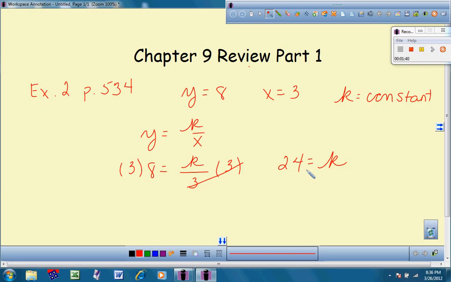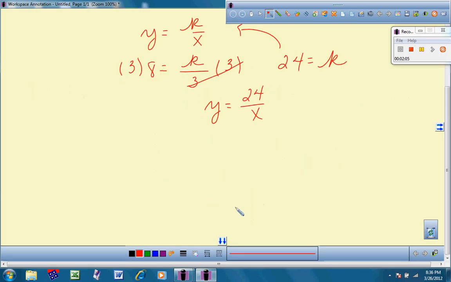Alright, so to write your inverse variation, you will plug it back into y is equal to k over x. So we're going to say y is equal to 24 over x. There is your inverse variation model.